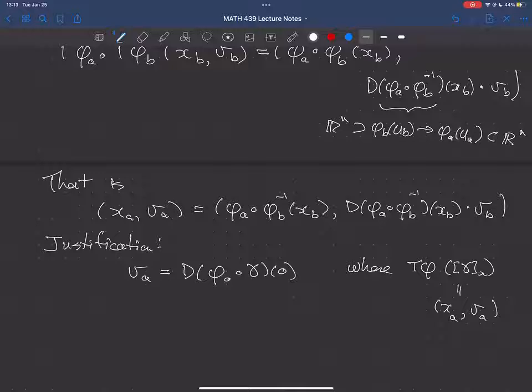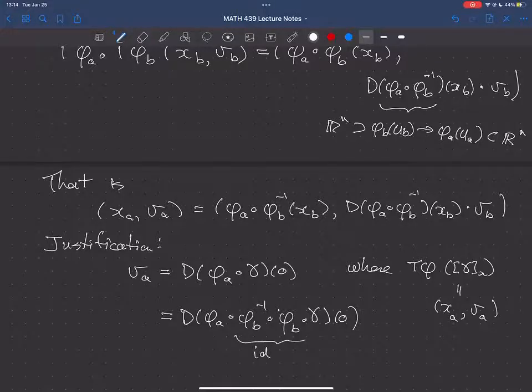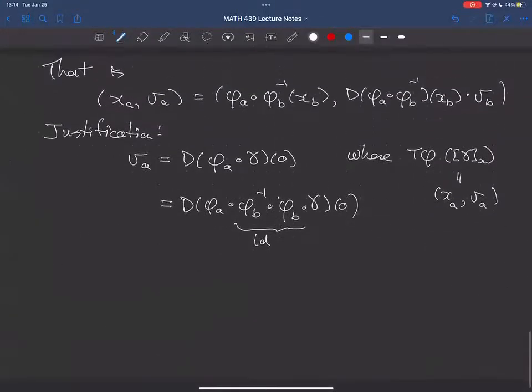And so this is phi A. So all I'm going to do now is slip the identity in there in the right place. So I'm going to write this as D of phi A composed with phi B inverse composed with phi B composed with gamma at 0. Okay, so this is just the identity. So I've just written down a tautology.